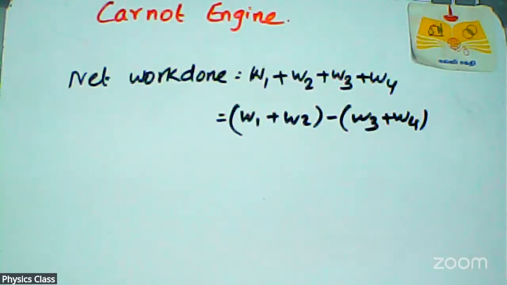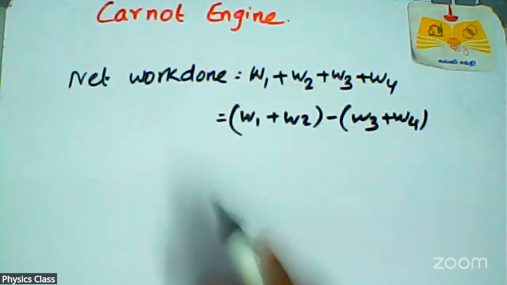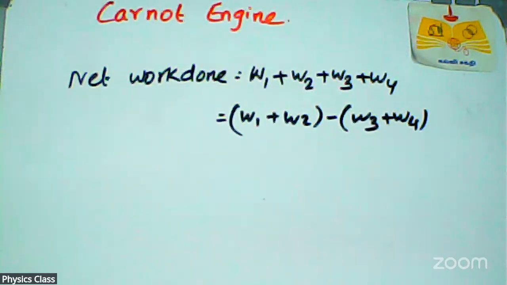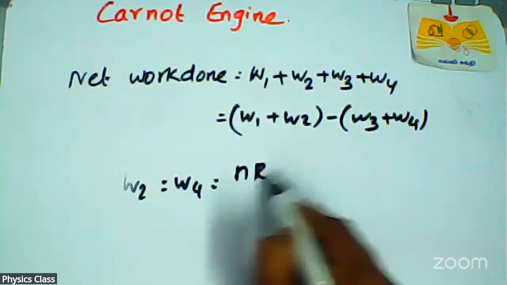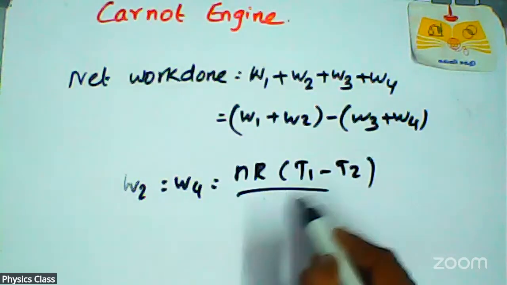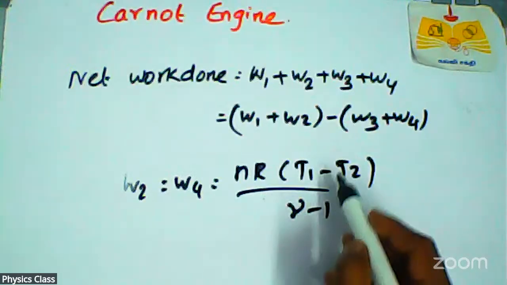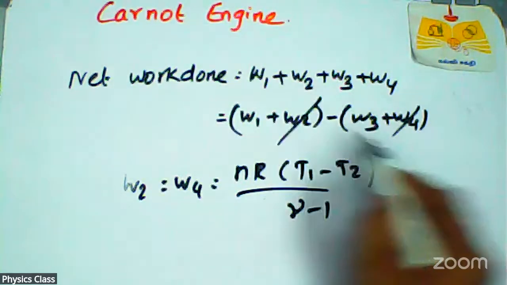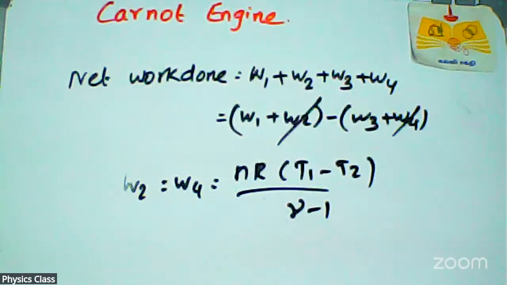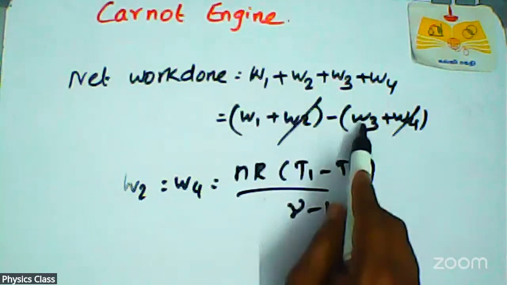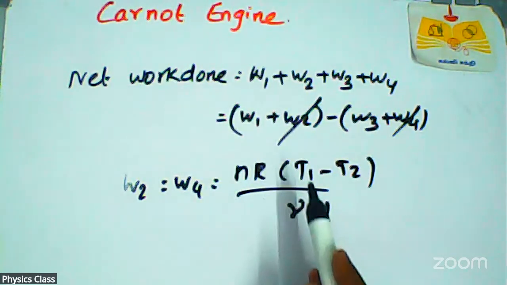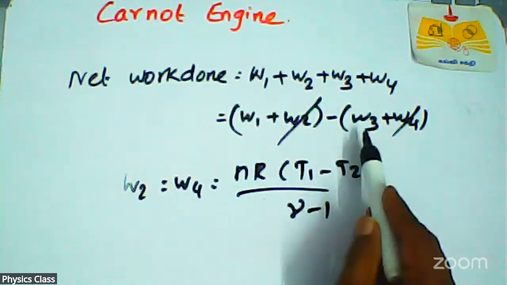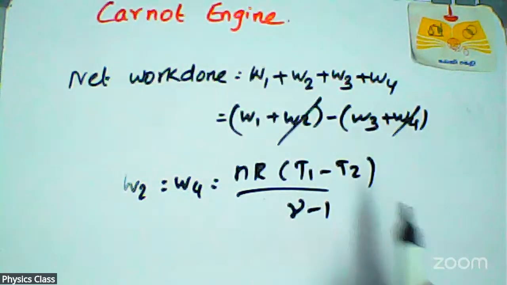So you can recall that in our formula W2 and W4 are the same, so we can cancel them out. Only W1 and W3 change, because W1 involves V2 by V1 and W3 involves V3 by V4, and the temperature also changes.